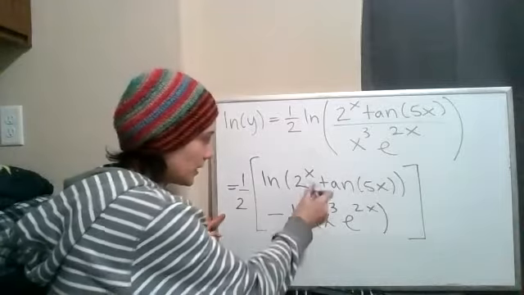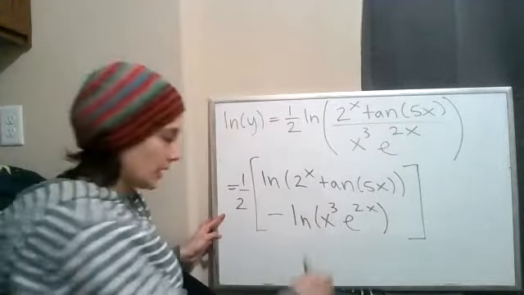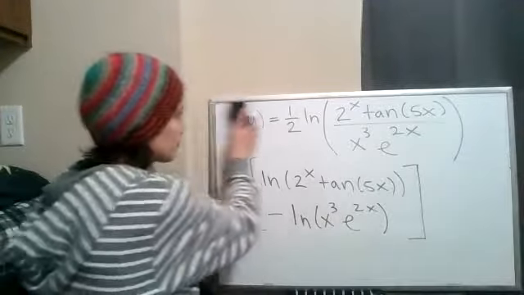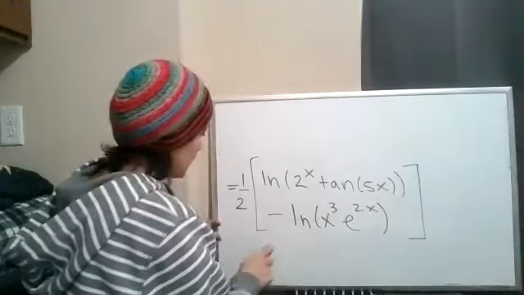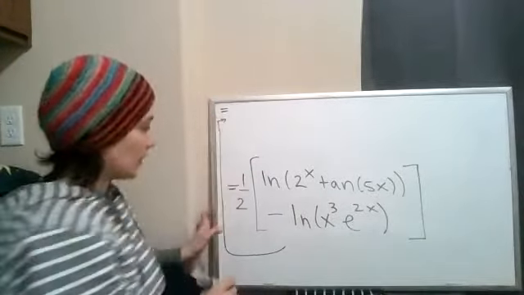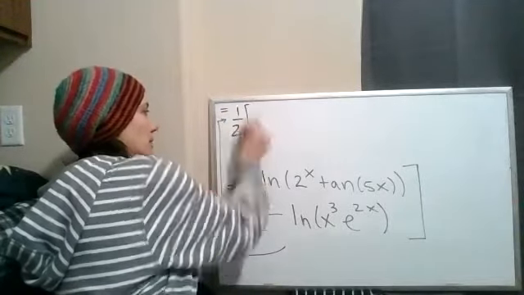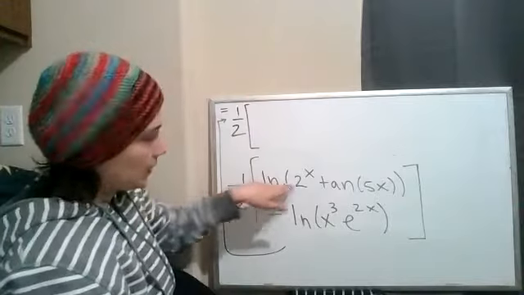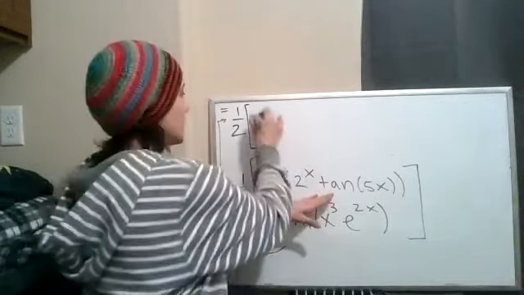So we've got multiplication here and here. So we'll take 1/2 multiplied by ln of 2 to the x plus ln of tangent 5x.